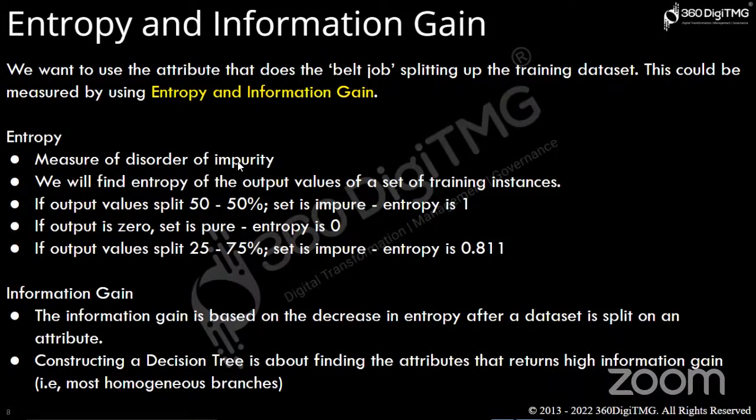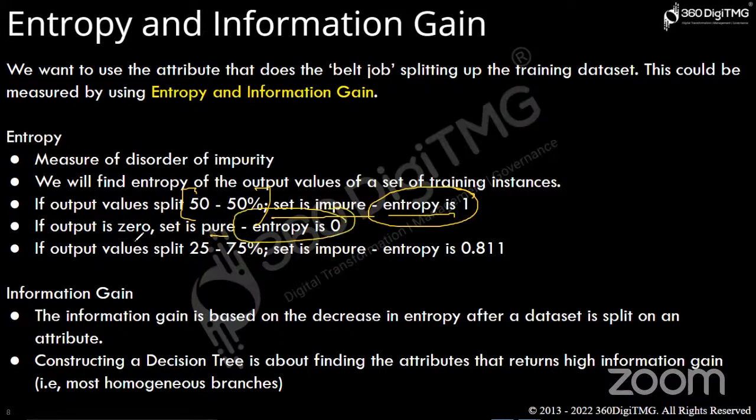If the output value split is 50 to 50 percent, the set is impure, and we say entropy is 1. If the set is pure, we say entropy is 0.